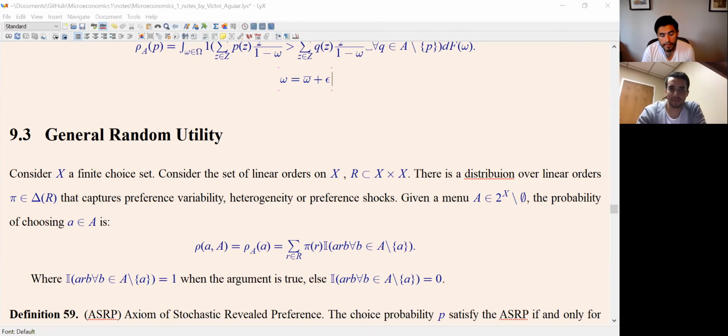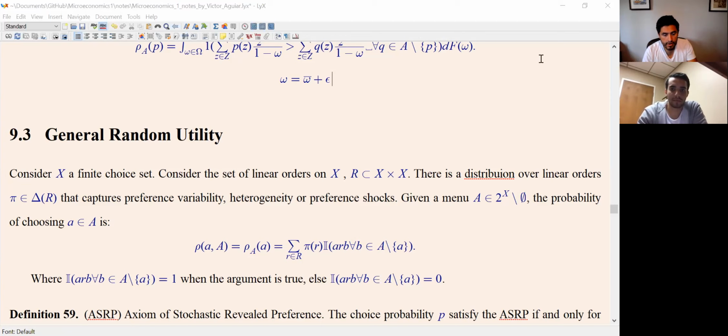Yes, so it means that if you have a sequence of direct revelations, x1 to x2, x2 to x3, and so on until xn, and then xn is revealed preferred to x1, then this produces a cycle, right? Okay. Thanks.